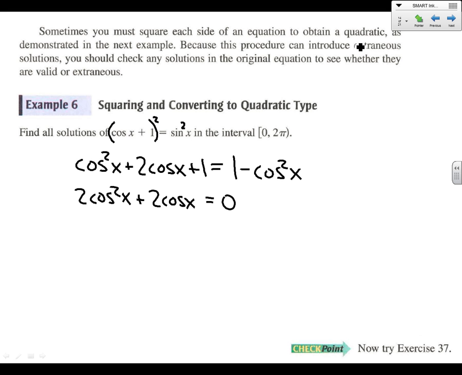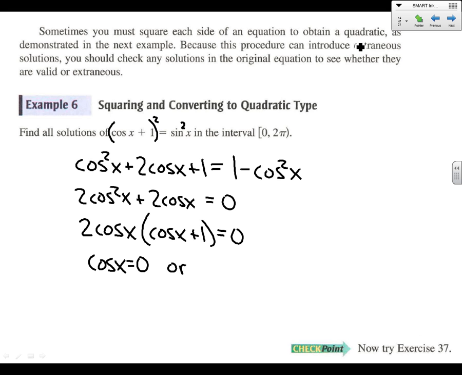Okay, so now we're in business here. And so on this one, can we factor anything out? Okay, we can pull the 2 and the cosine out. Cosine x plus 1 equals 0. So cosine equals 0, or it equals negative 1.